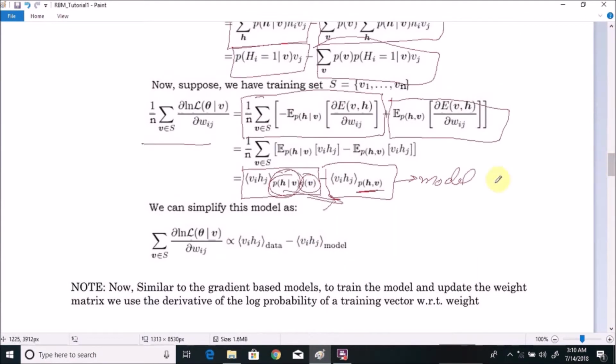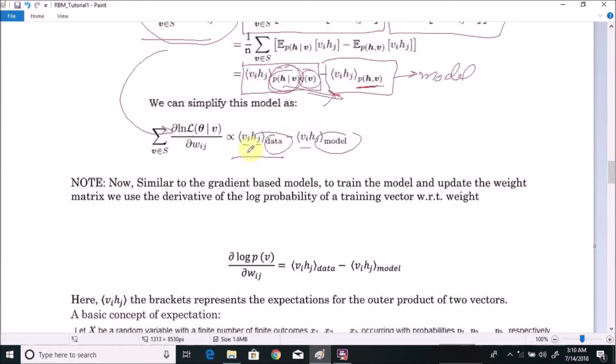So I think we can simplify the entire equations like that, and this is proportional to the expectation of the outer product of the two vectors Vi and Hj, visible and hidden units, with respect to the input data, minus the expectation of visible and hidden units with respect to the model.